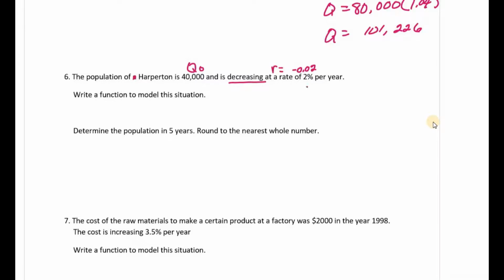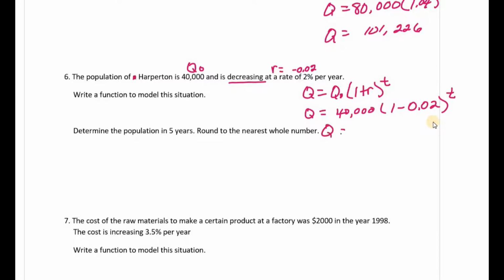So my formula for this relationship is going to be q equals 40,000 times 1 minus 0.02 to the t power. So q equals 40,000 times 0.98 to the t power.